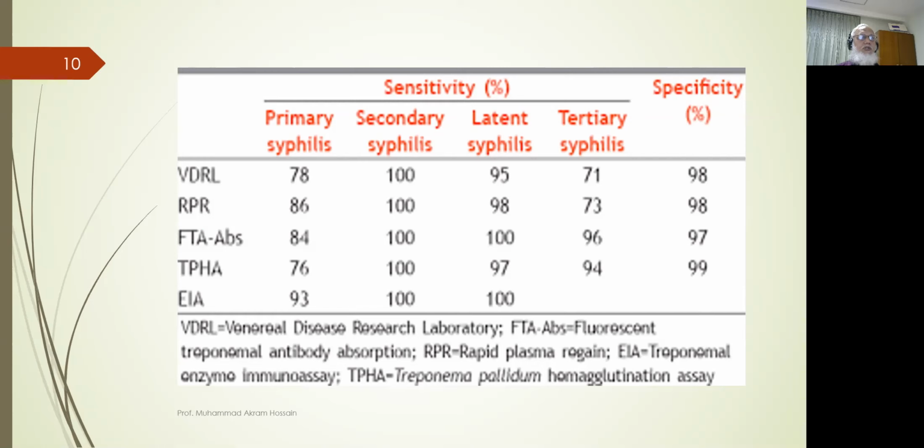TPHA is a very good test for secondary, latent, and tertiary syphilis. In primary syphilis, it misses a good number of cases. Enzyme immunoassay is a very good test with high sensitivity and specificity in primary, secondary, and latent syphilis.